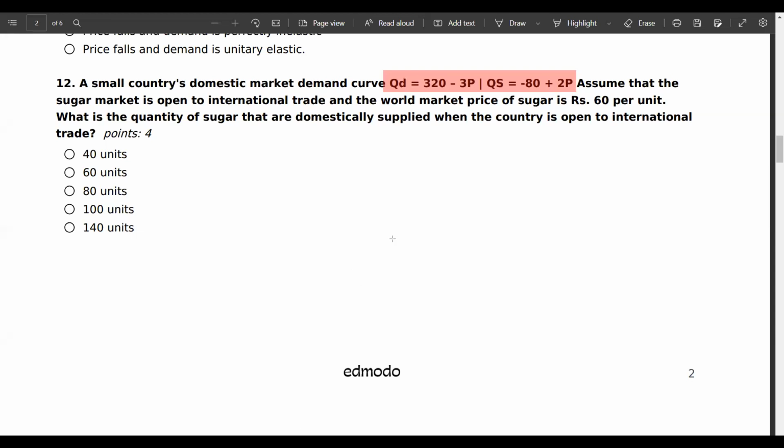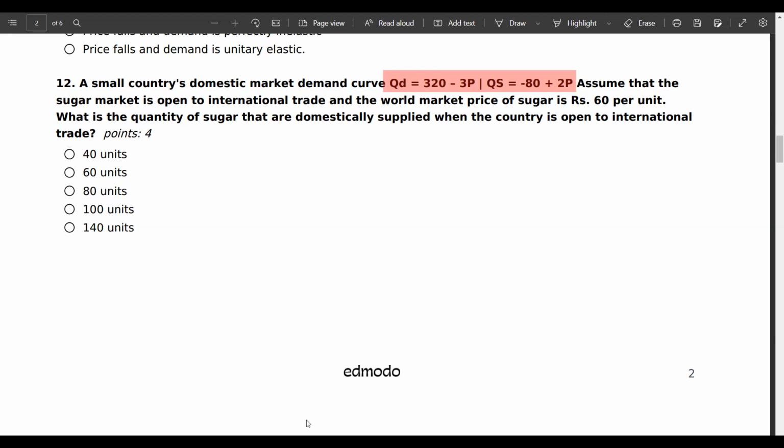The demand equation is given, and the supply equation is also given. But they are saying there's international trade in this market. That means sugar is not just made domestically, it's being imported also. And the international price in the world market of sugar is ₹60 only. First of all, we have to do one thing.